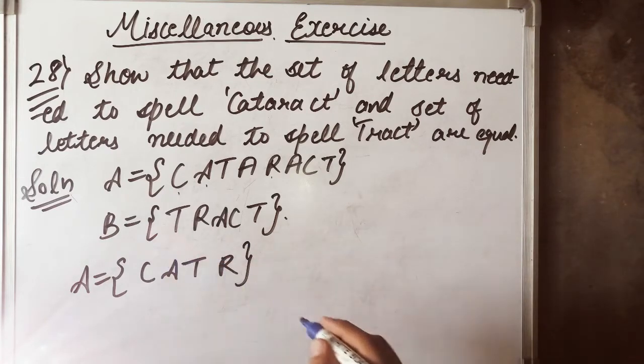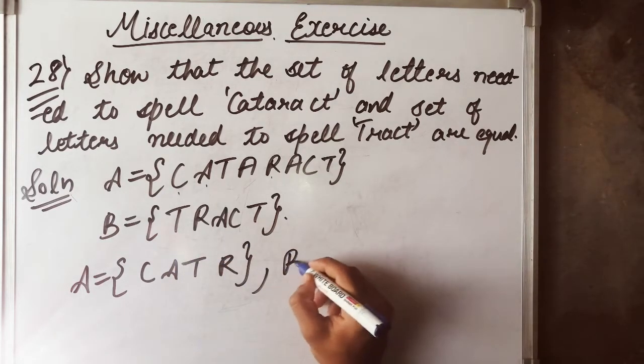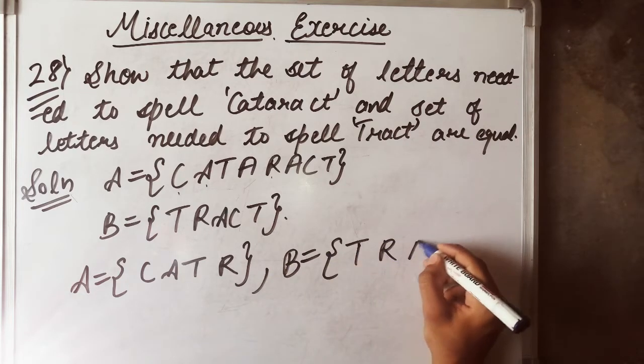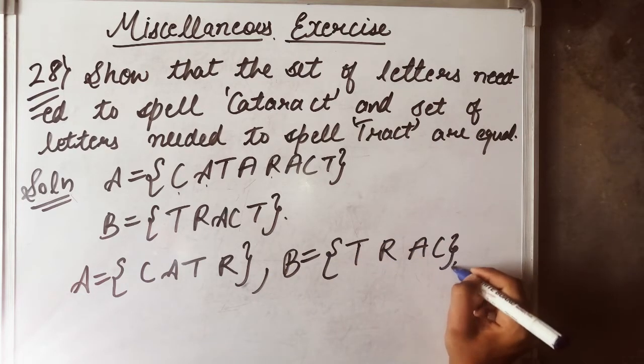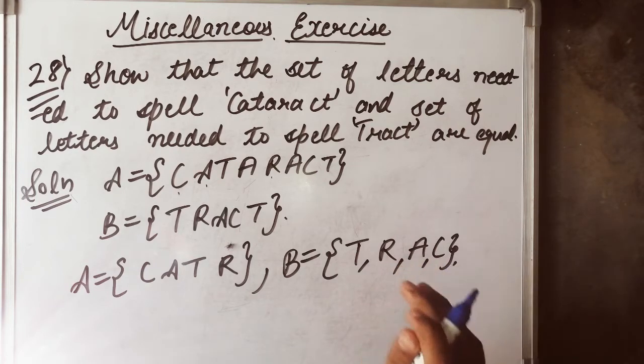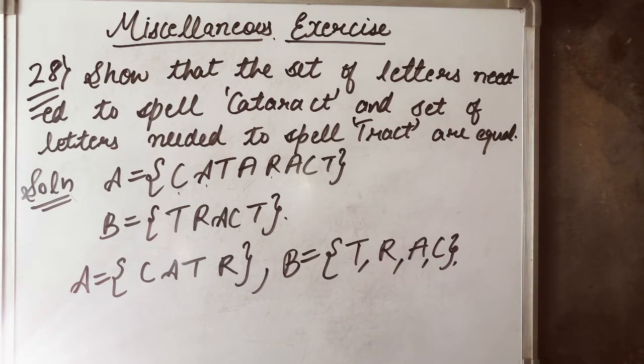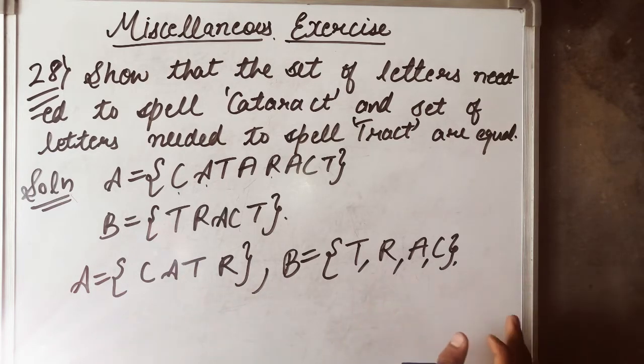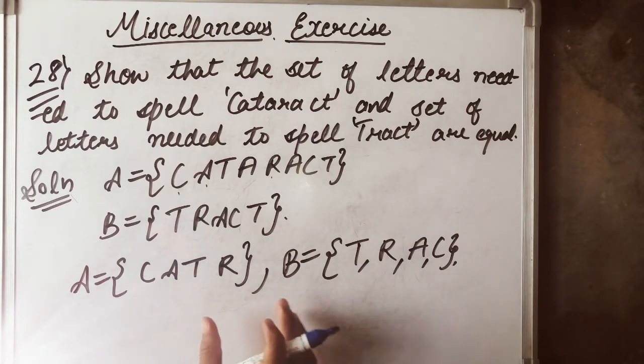And if we write B in roster form, it will be written as T, R, A, C. If you look at these two sets, you will come to know that {C, A, T, R} equals {T, R, A, C}. No matter what the arrangement of letters is, hence we can say that A is equal to B set.